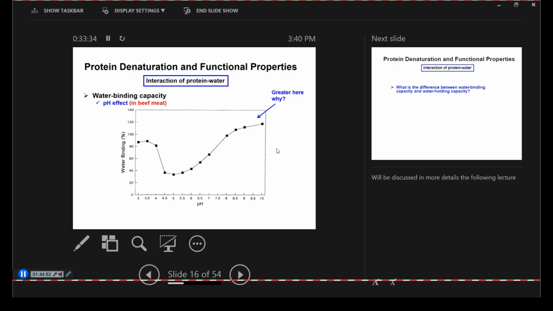So with this ionization, you get even more net negative charge than net positive charge. So other than the amine and carboxyl groups, you have the OH and the SH that can get ionized at alkaline pH. So this binds more water.